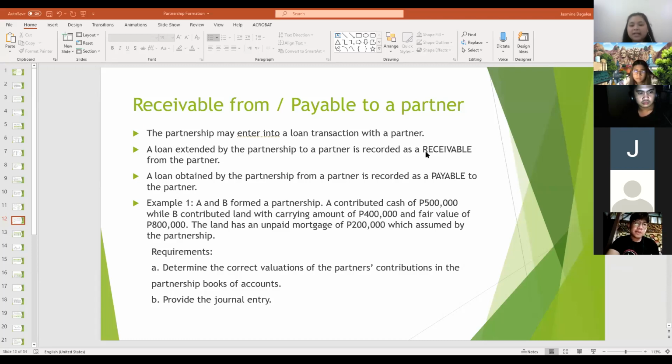Ito, receivable asset, payable liability. So, yung sa first, ang partner ang may utang, ang partnership ang nagpautang. Sa second, ang partner ang nagpautang, ang partnership ang may utang.